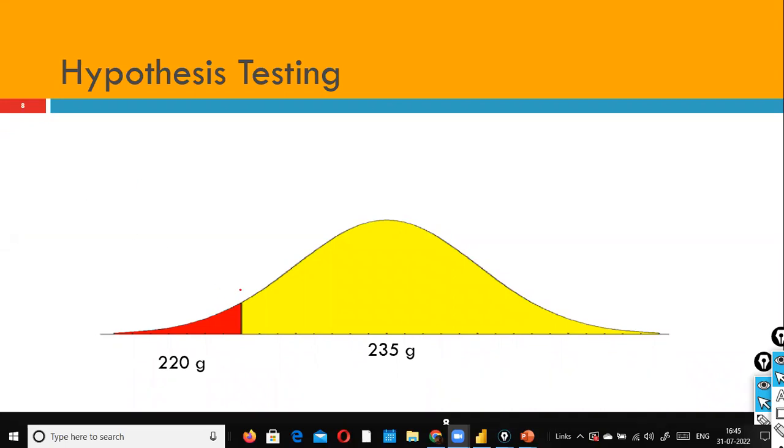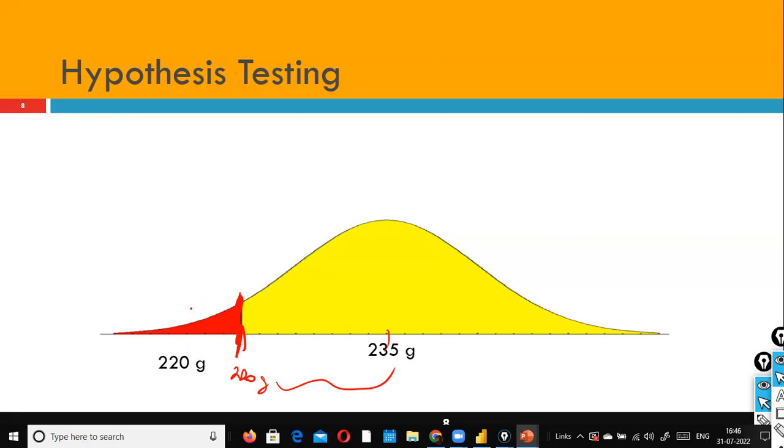Even if there is a difference, let it be there, right? But it should be anywhere between 220 gram to 235 gram. If it is anywhere between 220 gram to 235 gram, it is okay. 220 gram is obviously less than 235 gram. And let's say you have another scenario.